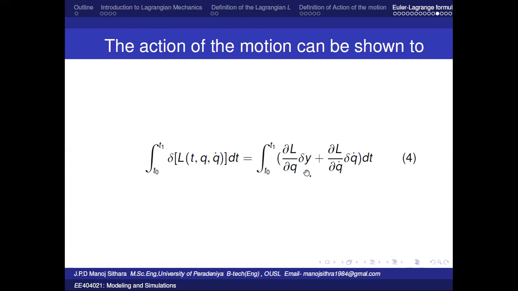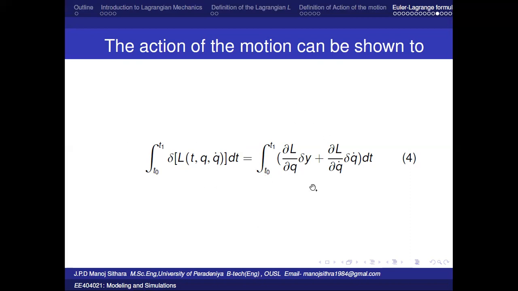Then we will end up with this integration in the right hand side, and this is the problem that we need to tackle, and this is the same as our action now, right? This can be considered as the action, but we will check this form, right?